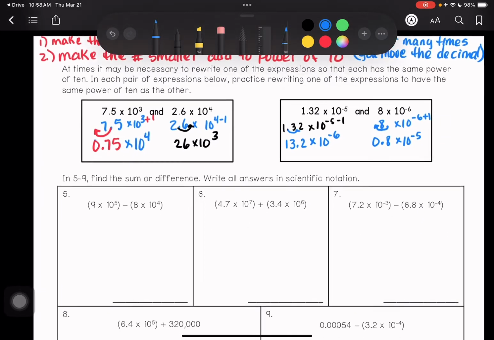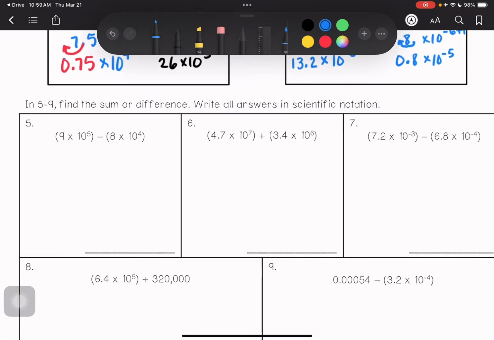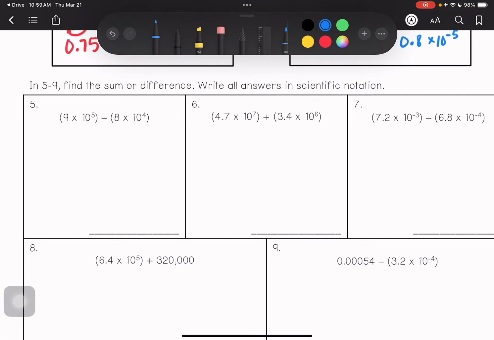So we're going to apply both of those rewriting of our expressions to have the same power of 10 as the other by applying it to numbers 5 through 11. So number 5, it says find the sum or difference, write all answers in scientific notation. Well, first, I want to make my exponent a 5, which means I'm going to have to change 8 times 10 to the 4.